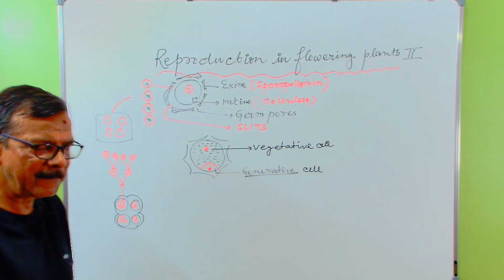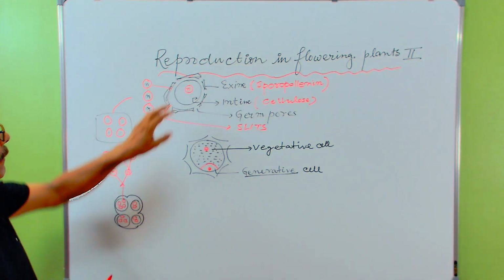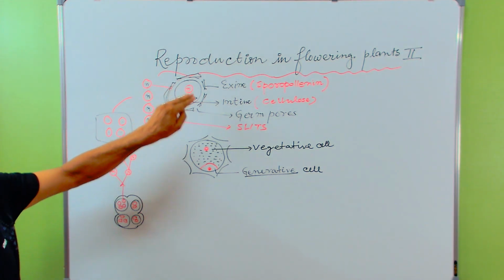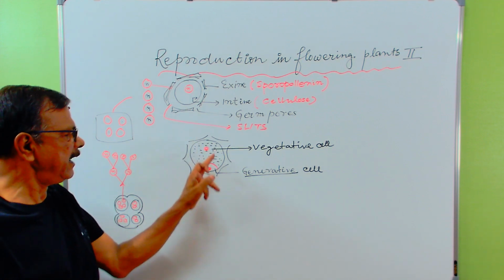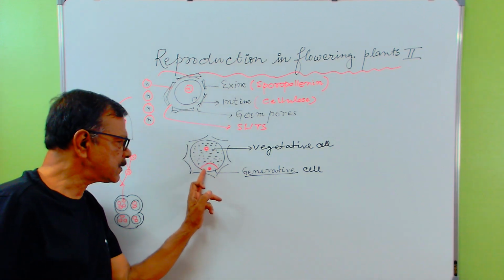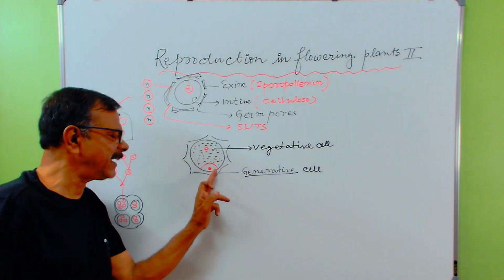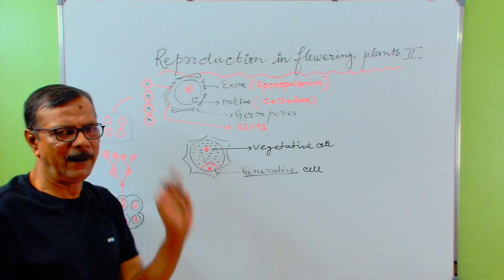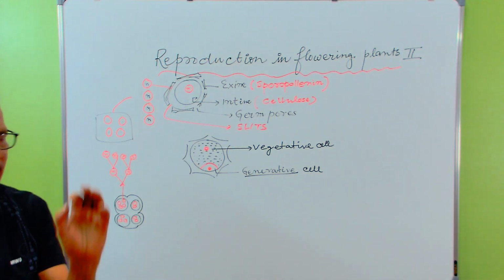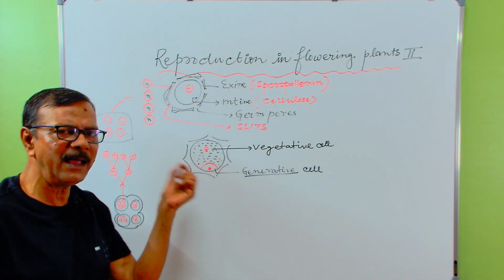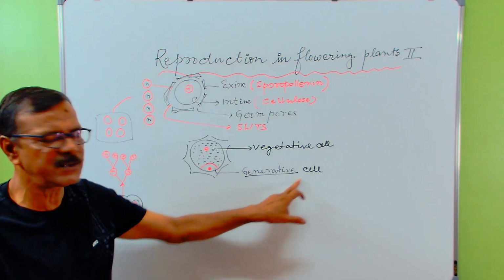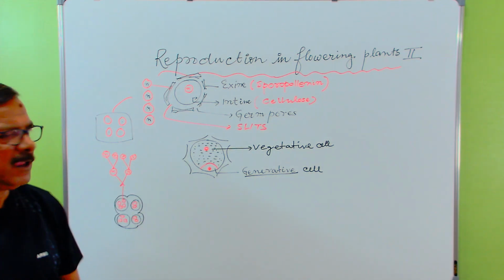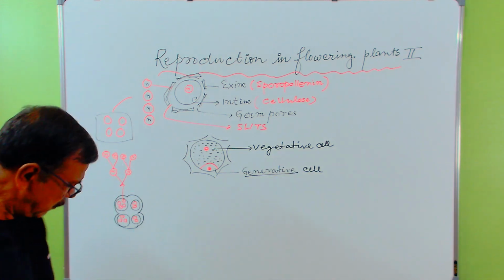Clear up to this? So the microspore nucleus will undergo mitotic division and produce a bigger cell and a smaller cell. The smaller cell will remain in touch with the cell wall. This is the generative cell or generative nucleus, and this is the vegetative nucleus.